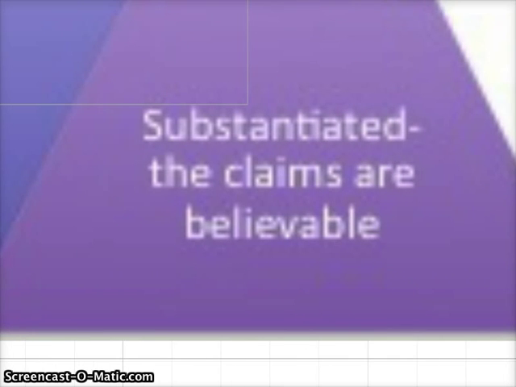And then the last one is: are your claims substantiated or believable? So you may have a very cohesively written paper in good standard English using the right theories, using the jargon, but your original claim is something that when people set it down, they say, well, I just don't think you argued it.